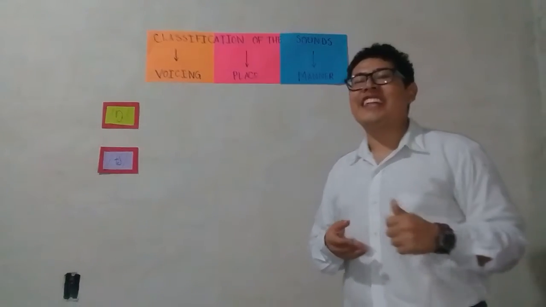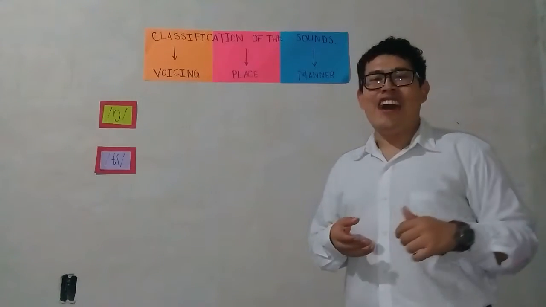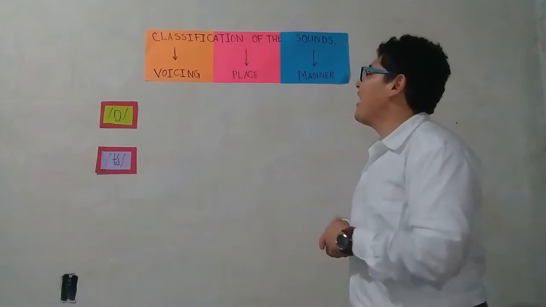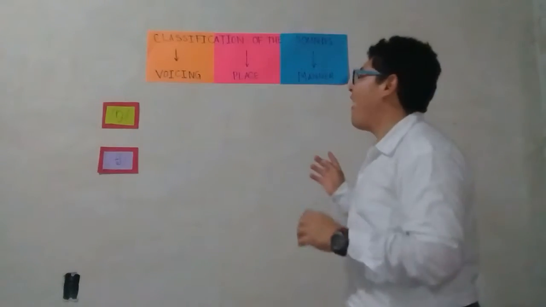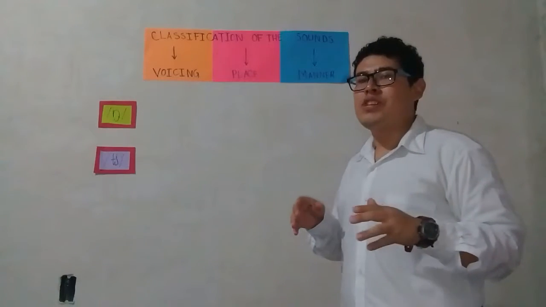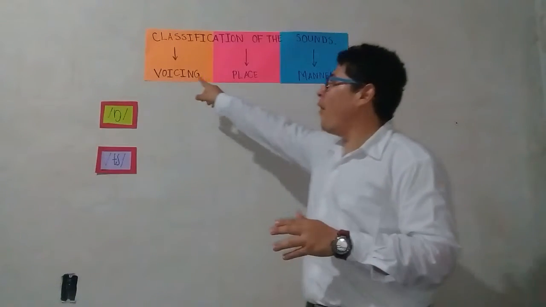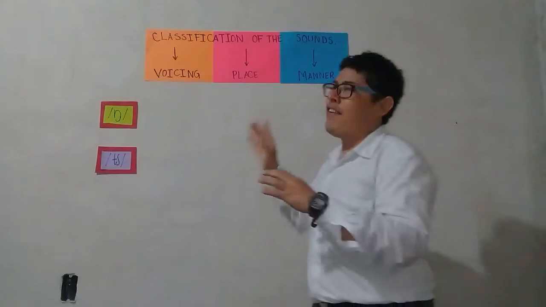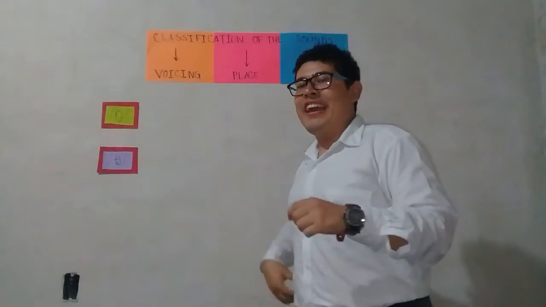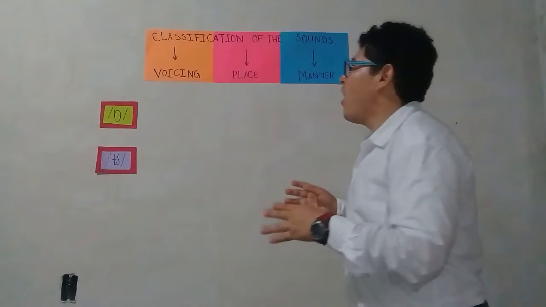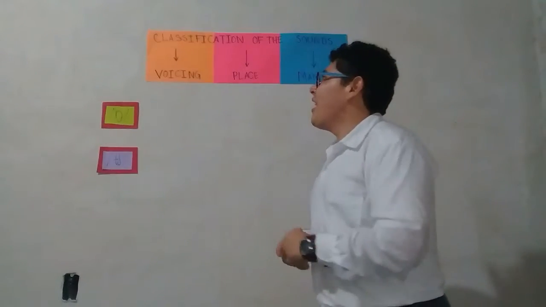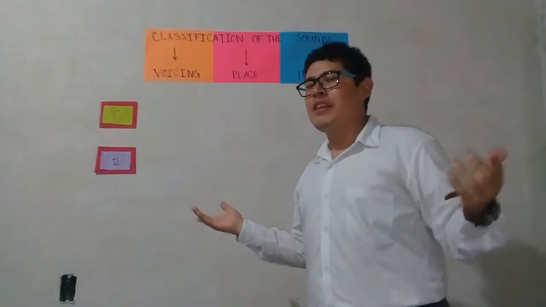In order to get a better understanding of how speech sounds are produced, we have to classify the different sounds according to their voicing, their place, and their manner. We now have a comprehension of what the place and the manner of articulation are. But what is the voicing?